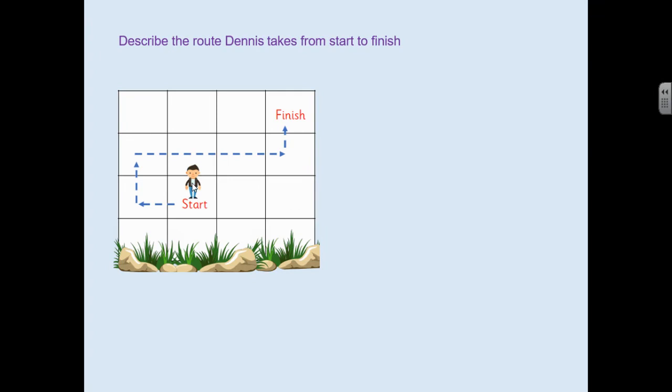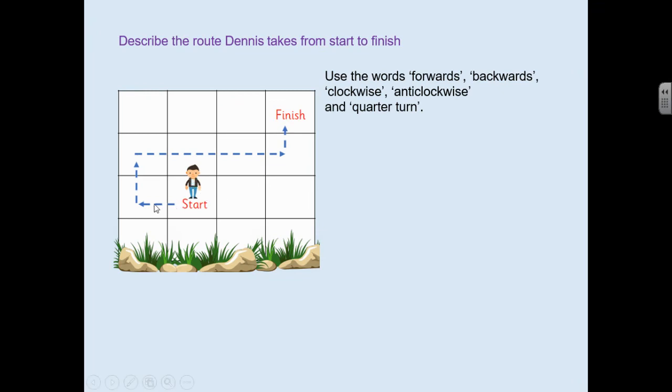But before we make a turn, we need to use the words forwards, backwards, clockwise, anti-clockwise, and quarter turn. So first he needs to turn to face this arrow here. When he's turning, he's still in that same square. So he's going to make a quarter turn clockwise.